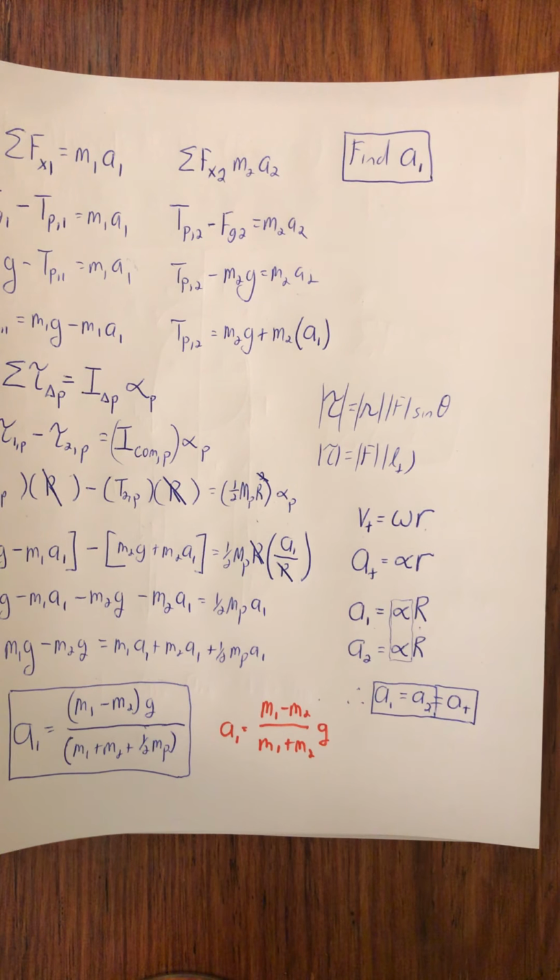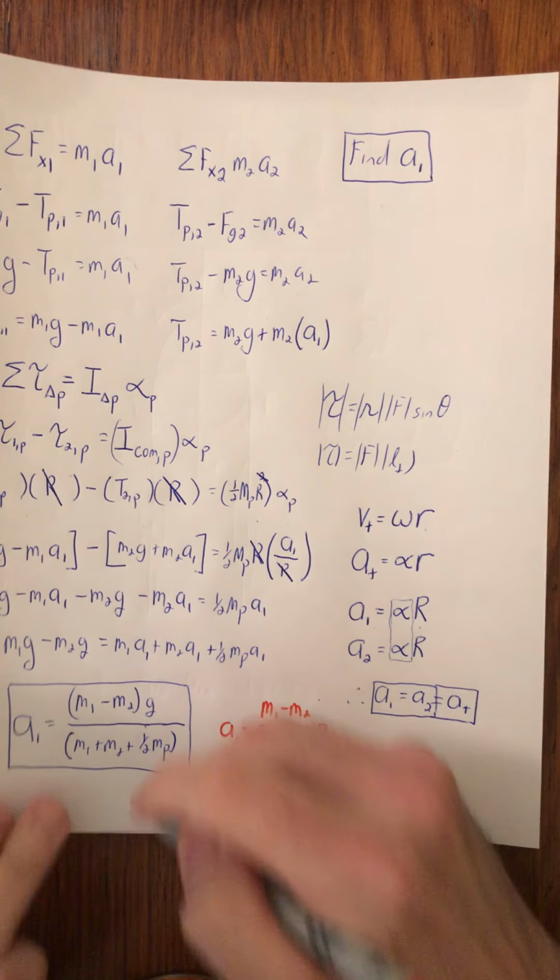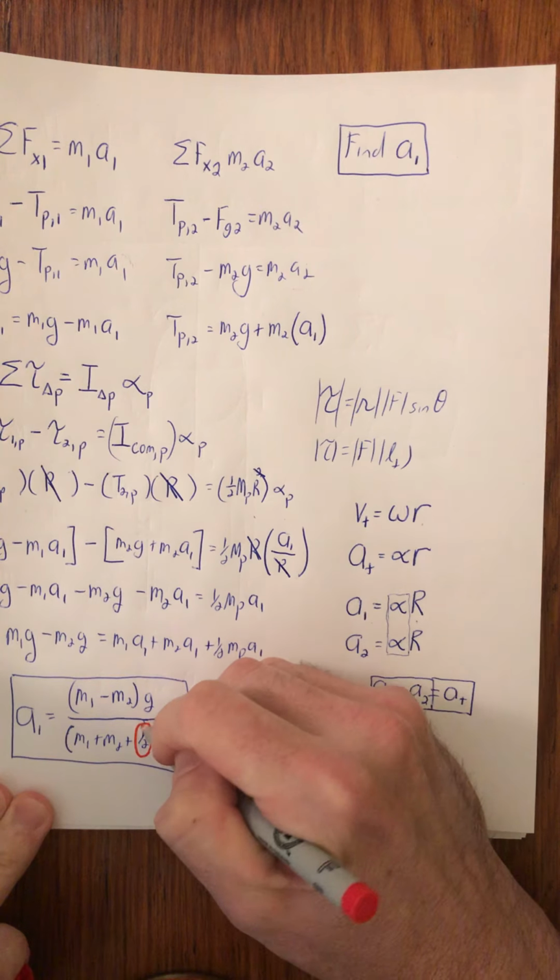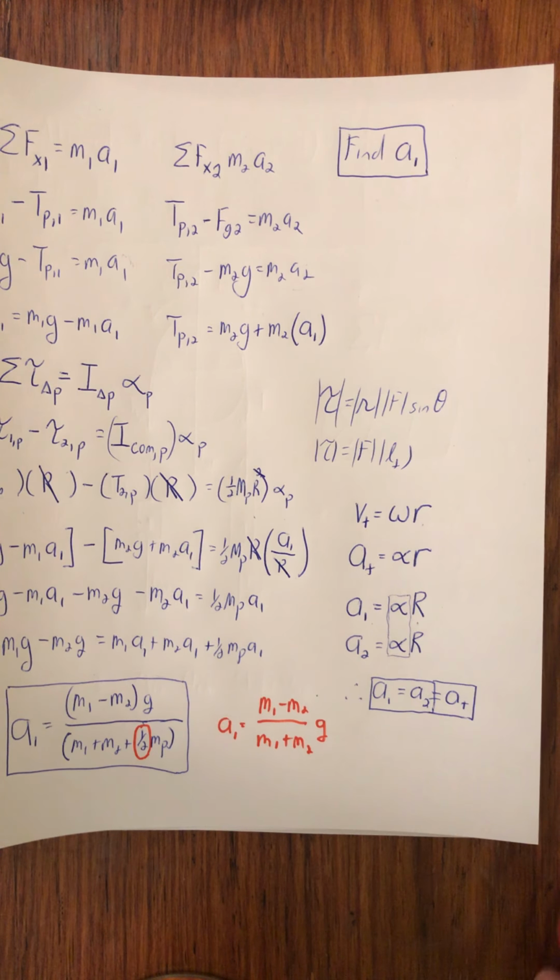So let's look at this. Why can't we do this just as a normal systems analysis and then just deal with the pulley's mass? Well, notice here this 1/2 factor. Where did that come from? That came from the notion that the moment of inertia, the inertial term for rotation, isn't just about the mass, but also about the shape.